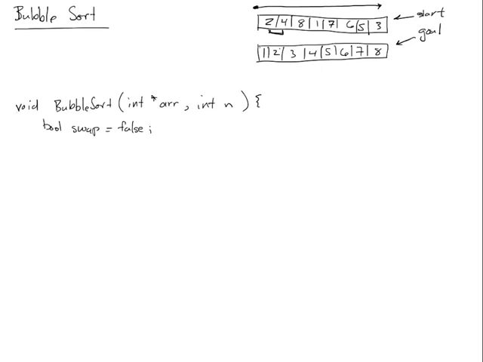The next thing that we know is that we're going to loop through this entire array. We also note that if we're pushing the biggest number to the end, our next time through the loop we don't need to go all the way to the end, because we know that's sorted. We can actually stop here.